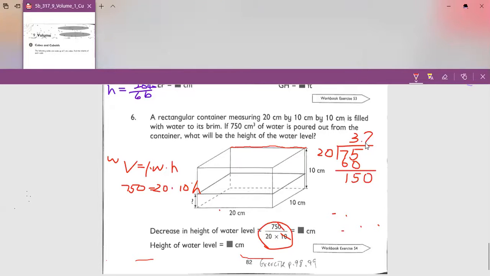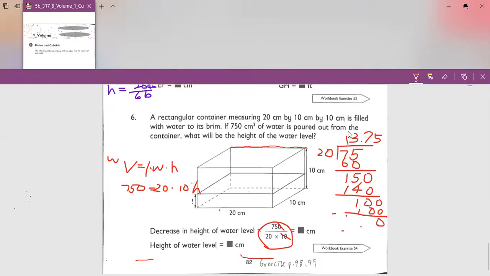And then we put 7, 7 times 20 is 140. So this will be 10 left, right? And then we're going to continue. We want to bring down 0. And then we have 5, 5 times 20 is 100. Now we have nothing left.